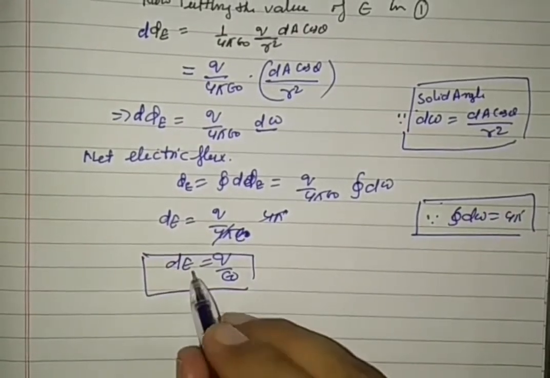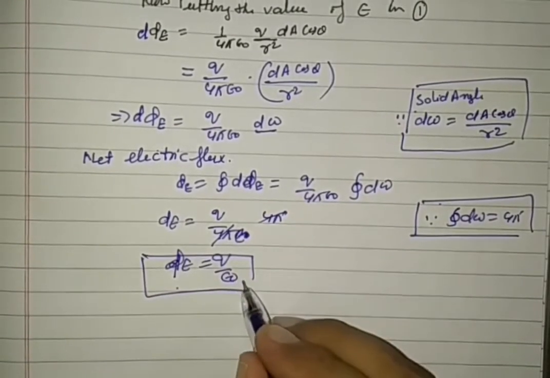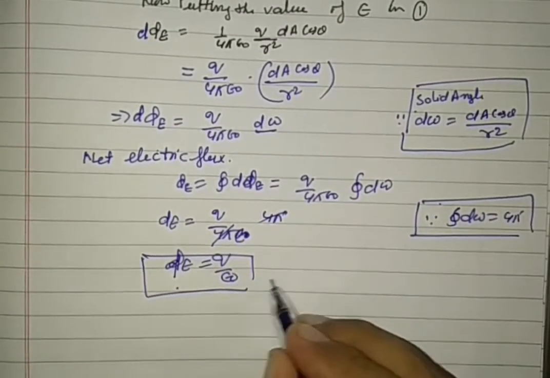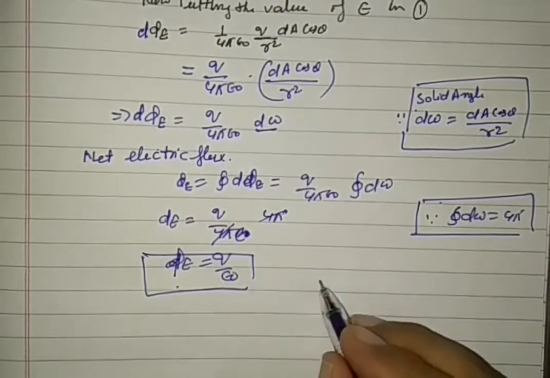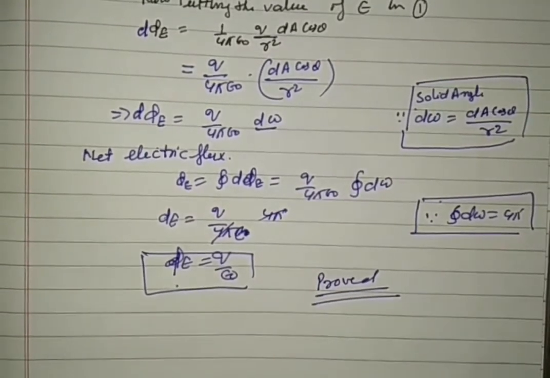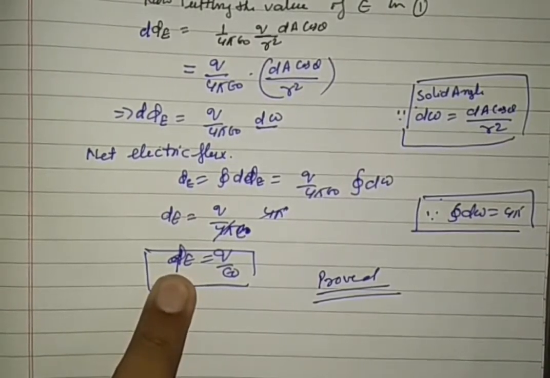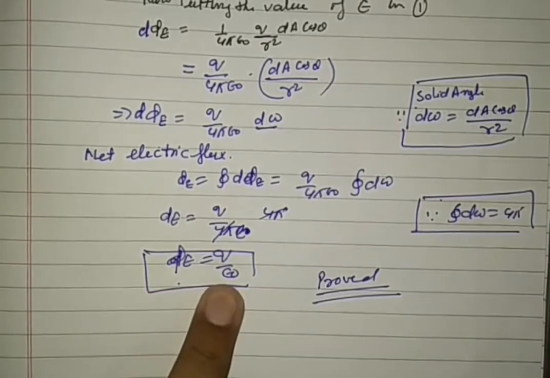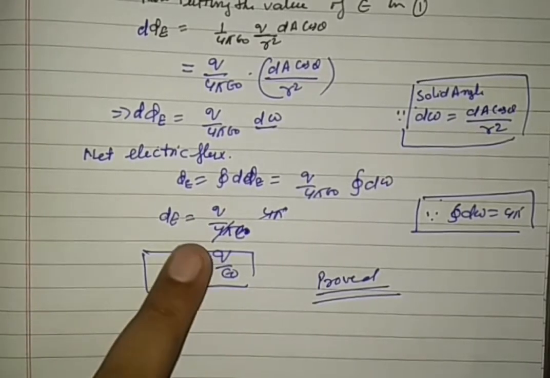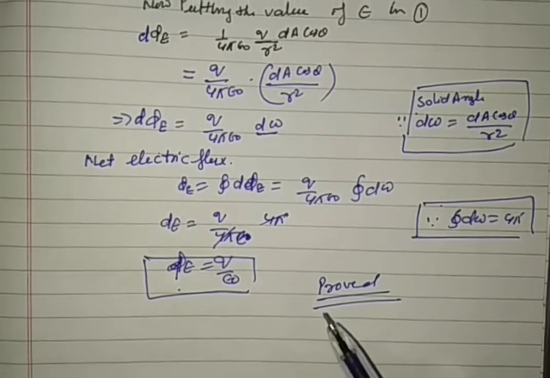This is the statement of Gauss theorem, and so we can say that Gauss theorem is proved. The total electric flux around the Gaussian surface is equal to 1 by epsilon naught times the net charge enclosed by the Gaussian surface.